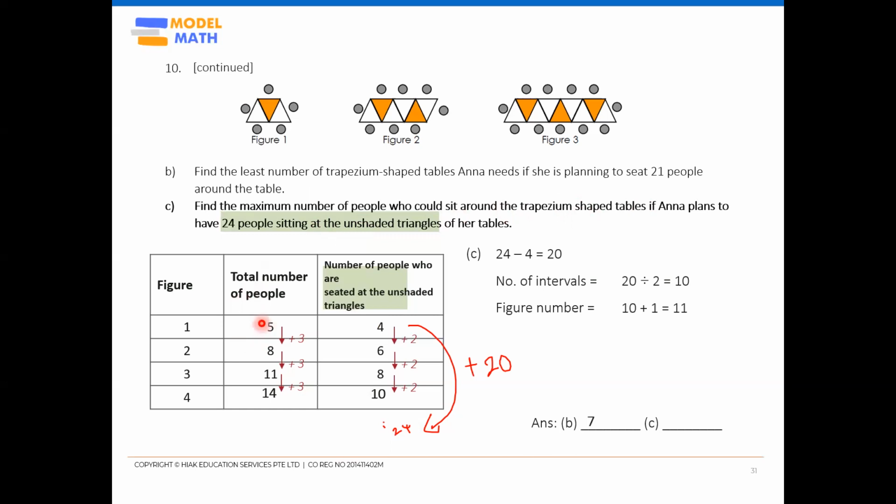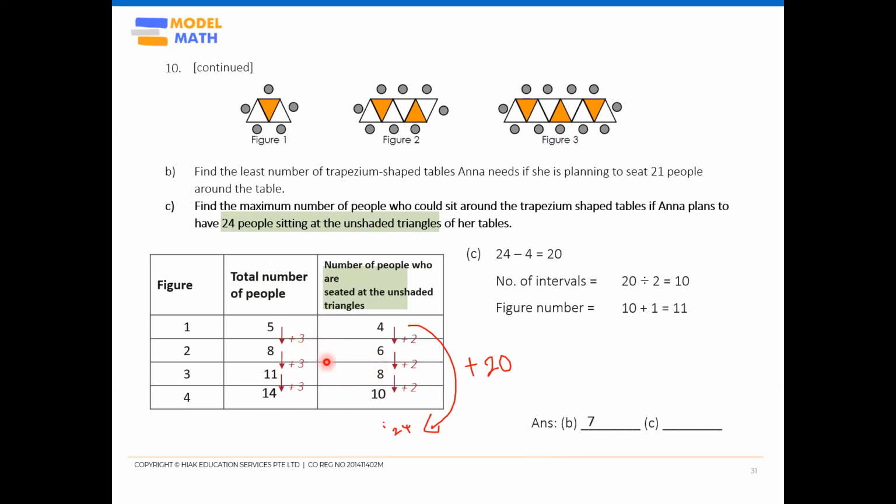Therefore, to focus on this, you might want to see if there's a link or a connection or a relationship between these two columns. If you notice between these two columns, there is a pattern. So this is 4 and 5. This is 6 and 8. This is 8 and 11. Do you notice the increase, or sorry, I rather say the decrease, from 5 to 4, 8 to 6?